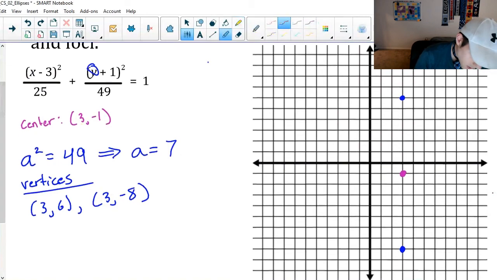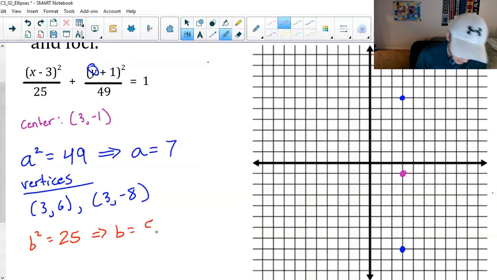So if a squared was 49, that must mean that b squared is 25, which means that b is 5. So to find the co-vertices, I'm going to start at the center and go left 5 and right 5.